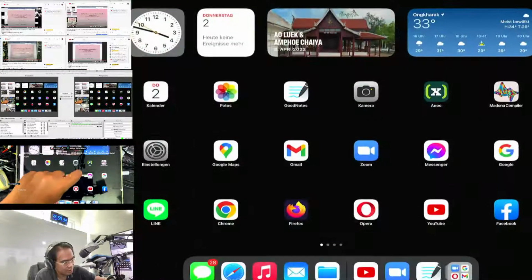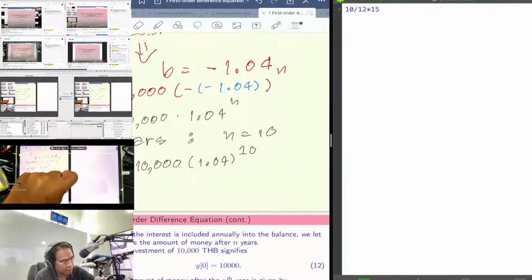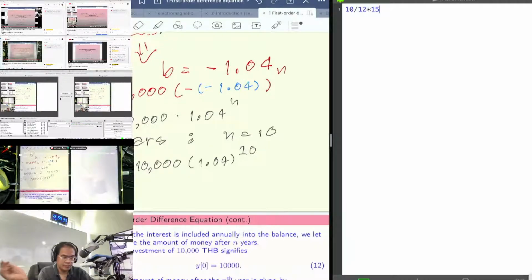So let's go to the electronic calculator, for example. Right, 10,000 times 1.04 to the power of 10.